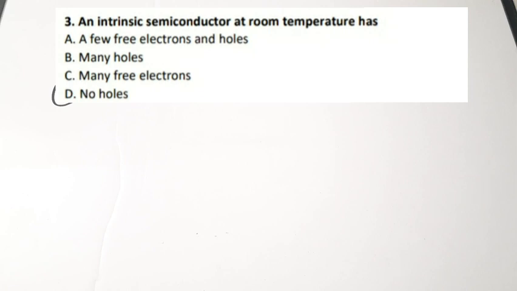B, many holes. C, many free electrons. D, no holes. Even though it is an intrinsic semiconductor, it will have some free electrons and holes at room temperature, only a very minute amount. The correct answer is A.